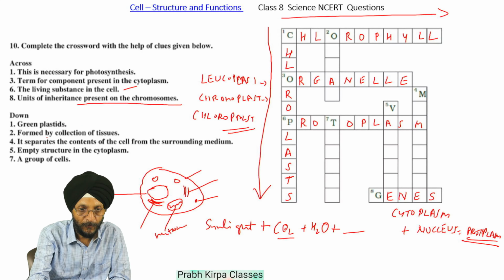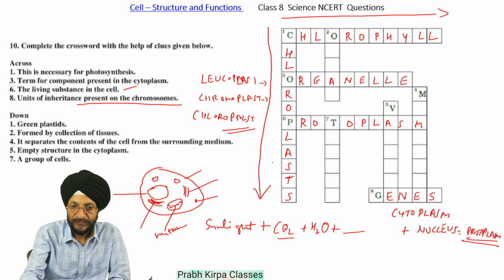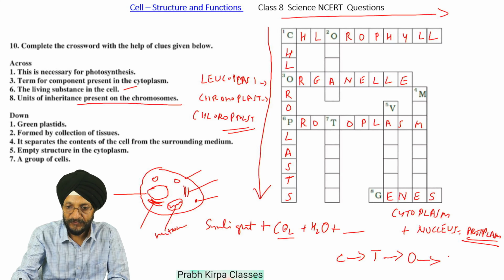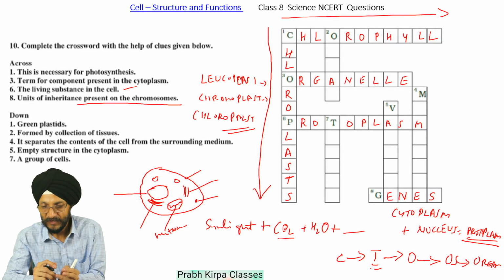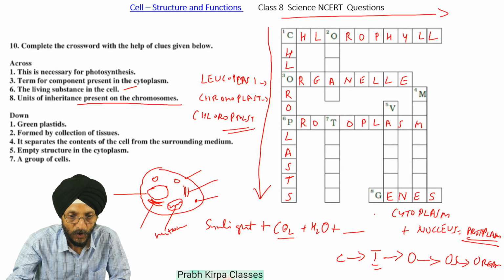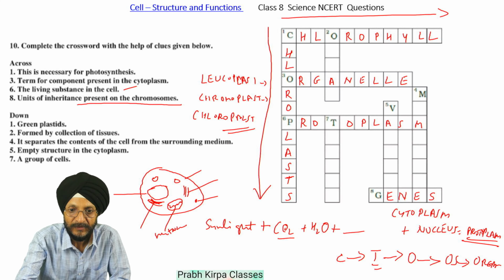So now, formed by collection of tissues. We understand that cells form tissues, tissues form organs, organs form organ systems, which combine to form organism. So a bunch of tissues combine to form organ.